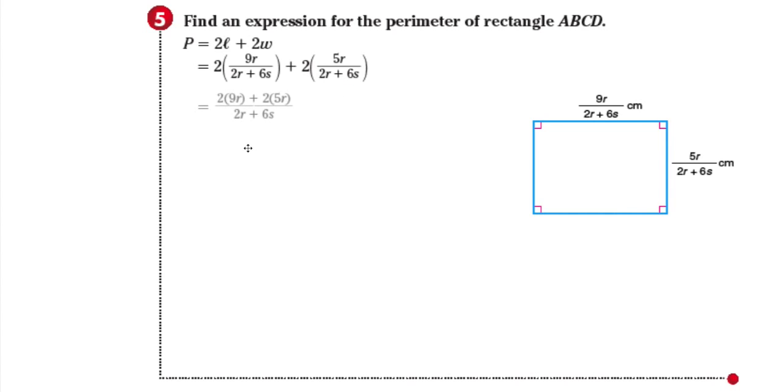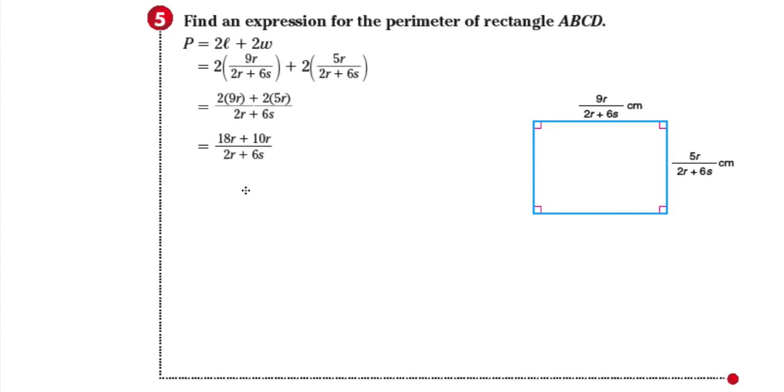Then we put them in a fraction with a common denominator of 2r plus 6s, and simply multiply 2 times 9r plus 2 times 5r. Simplifying that, you have 18r plus 10r all over 2r plus 6s, and we find the GCF.